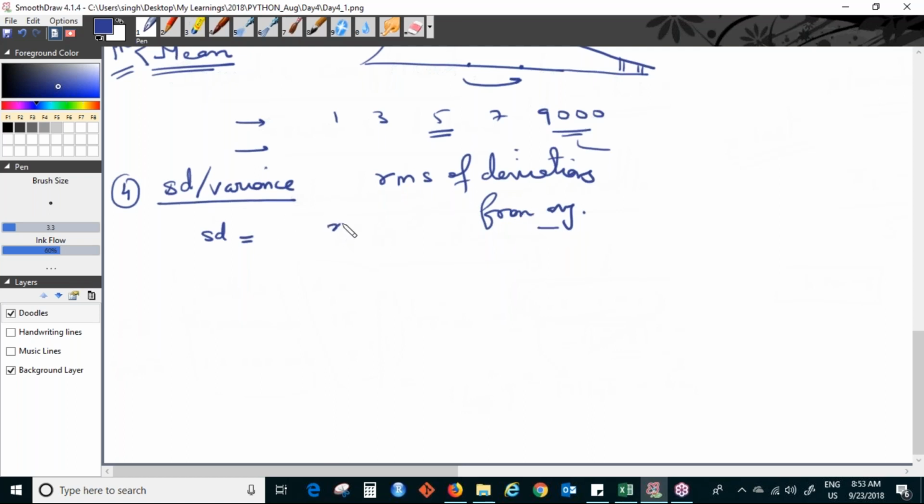First you calculate the average, then you calculate the deviation from average of each individual point, then you take the square of it, then you take the mean of it, and finally you take the root of it. Of course you will have a summation here, because you will be calculating the deviation for each point. So this is the formula for standard deviation which we saw.